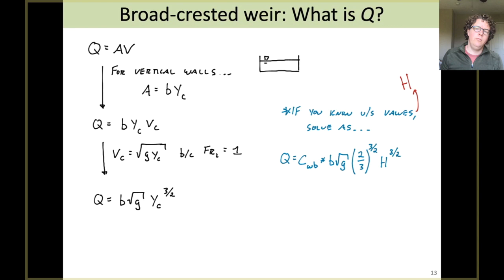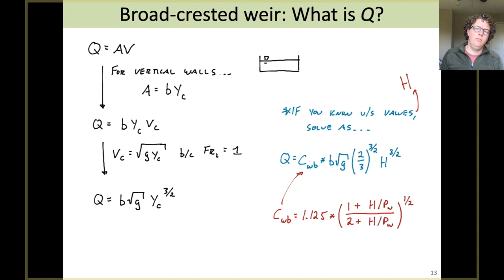So CWB is the broad-crested weir coefficient, multiplied by width of the weir B times root G times 2/3 raised to the 3/2 power times that depth H raised to the 3/2 power. And once again, you get an empirical equation for that coefficient.